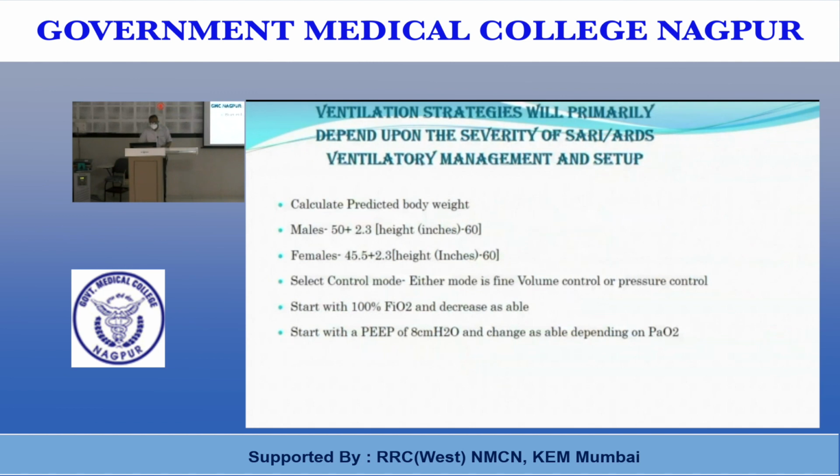For male it is 50 plus 2.3 times height in inches minus 60, and for female 45.5 plus 2.3 times height in inches minus 60. Select control mode. You can select volume control or pressure control and start with 100% FiO2 when you attach the ventilator, and start PEEP of 8 centimeters of water and change as able depending on the PaO2.